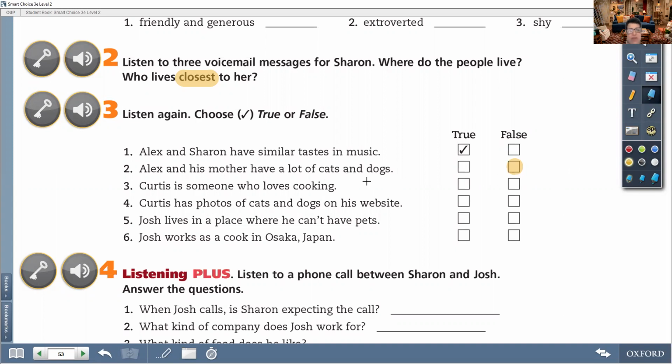Okay? So very good, guys. A lot of cats, but no dogs. Now, let's listen about Curtis. The first one is Curtis is someone who loves cooking. Is it true? Let's see. Curtis has photos of cats and dogs on his website. Really? Let's see.